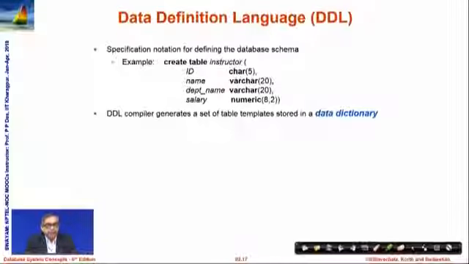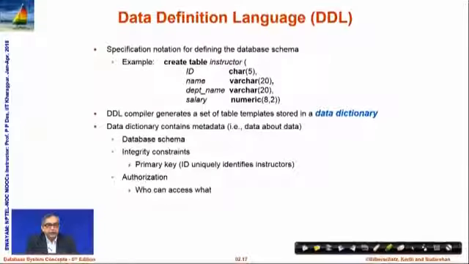language. The data definition language compiler generates a set of tables in the data dictionary, where the data dictionary basically contains metadata. As I said, the schema is nothing but metadata about the database tables. It will have the database schema and different integrity constraints.